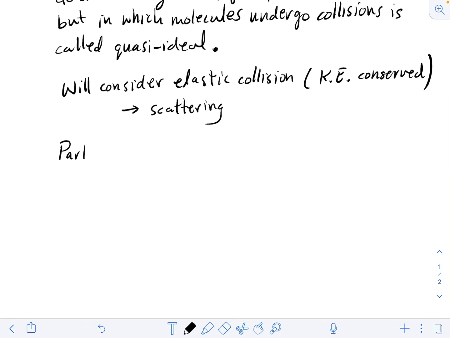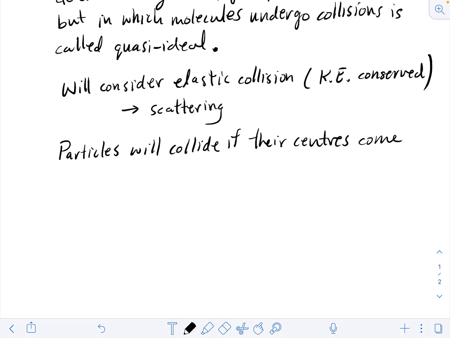So if we consider any pair of particles, they will collide if their centers come within 2r of each other, where r is the radius of one of the particles.